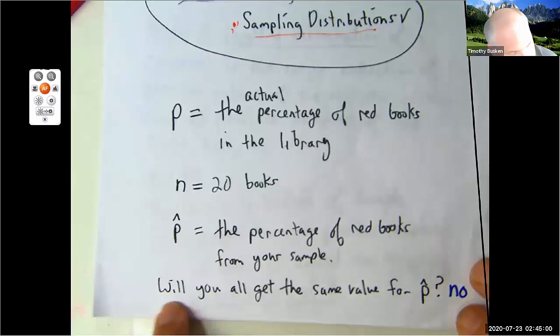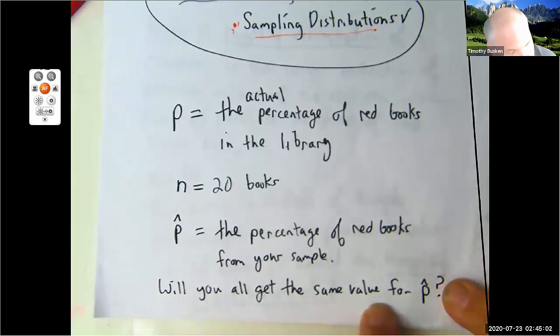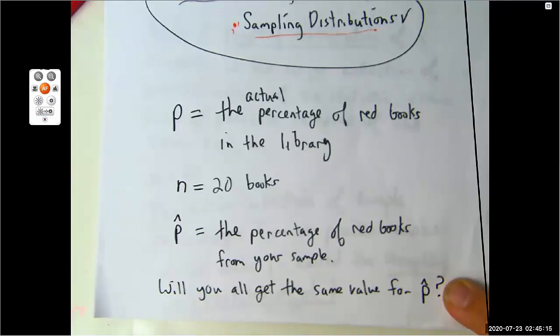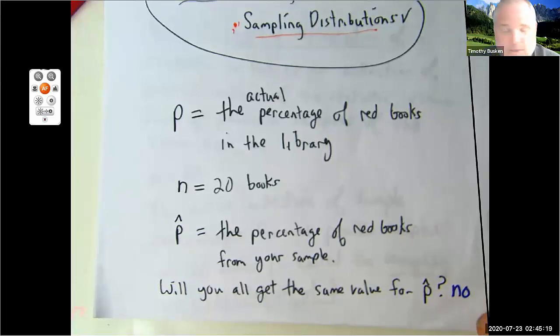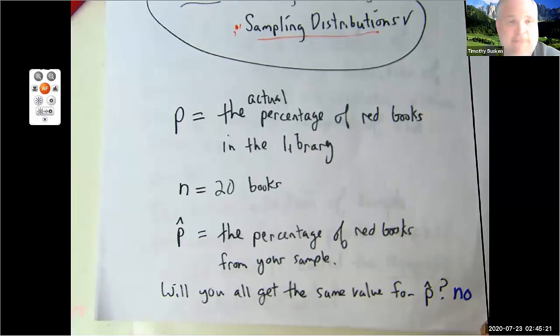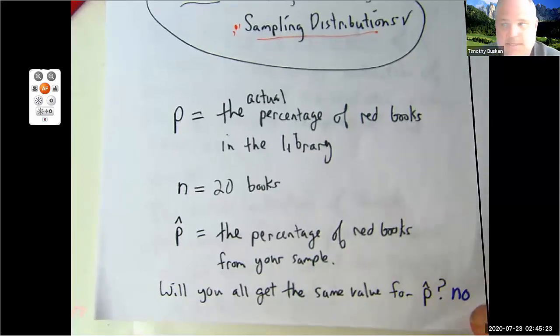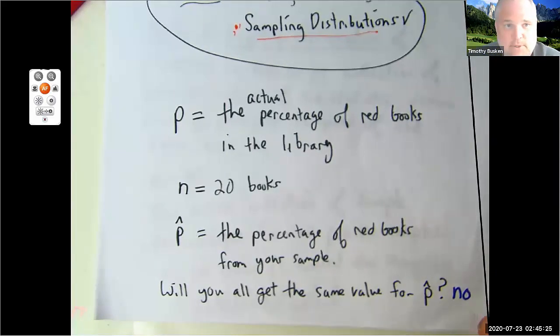Will you all get the same value for your sample percentage? No. And there's a number of reasons why the answer is no. One reason could be, how do you define a read book? Does everybody define a read book the same way?